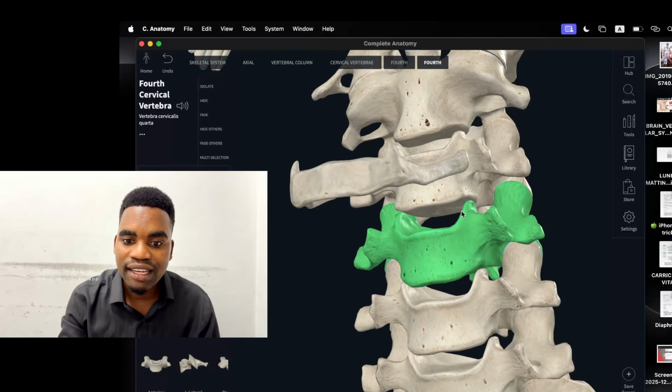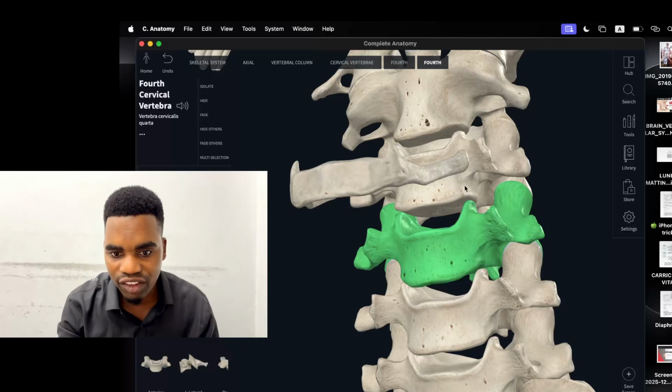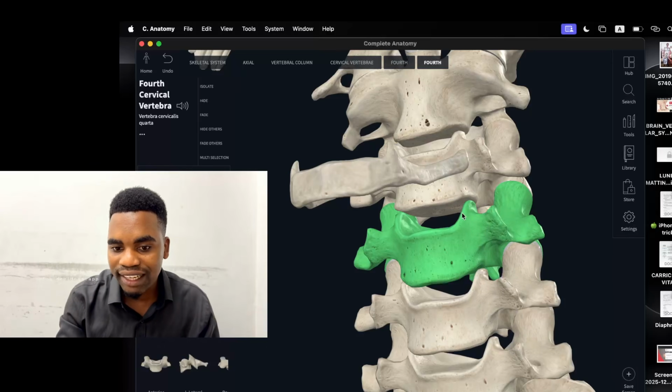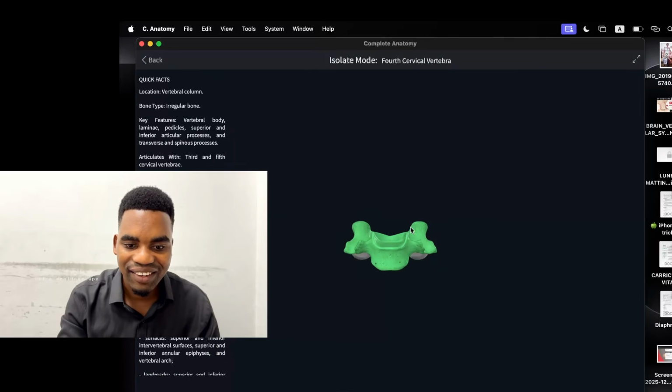The uncinate process fits into an indentation, something like a depression on the inferior part of the vertebral body. So the uncinate process forms a joint with the vertebral body above, in which we have this indentation. Let me show you here.